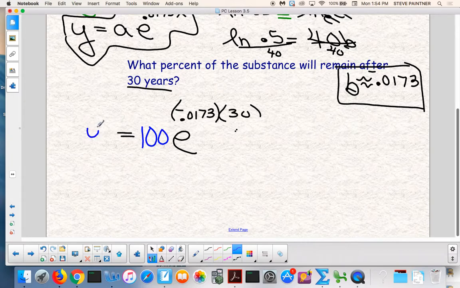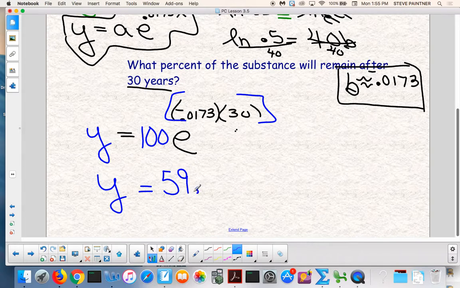Okay, so what's left? 100 times e to the whatever this is. 59 point what? 512.